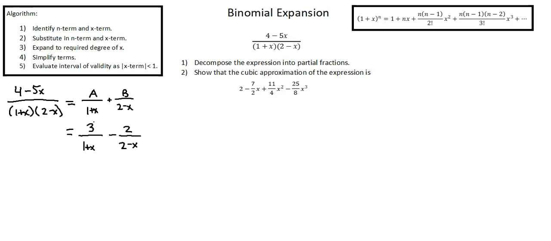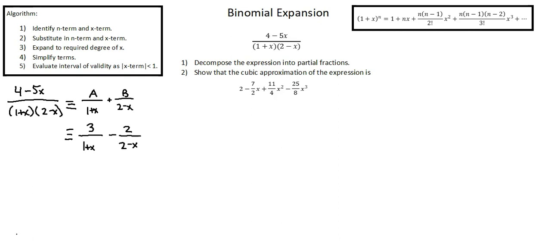Before moving on, one slight adjustment I'll make is that rather than an equation, we have an identity. So I'm going to show that the expression on the left is an identity with the expression on the right. We've solved for A and B to get the right side of the identity, 3 over 1 plus x minus 2 over 2 minus x.